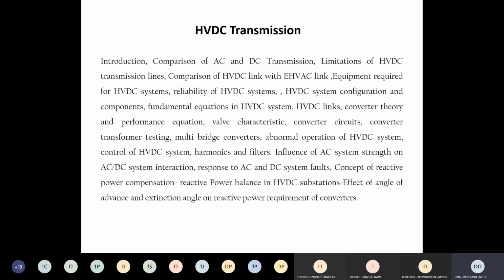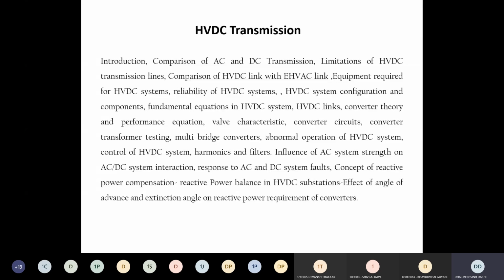Here our system is operated at 600 kV or 1000 kV, and one thyristor is available maximum up to 10 kV or 20 kV. So we require a combination of thyristors in series or parallel, so that they can withstand this amount of voltage. So one switch in this HVDC system contains a number of thyristors in series-parallel combination, and that is called a valve. We will go into detail about the characteristics of this valve.